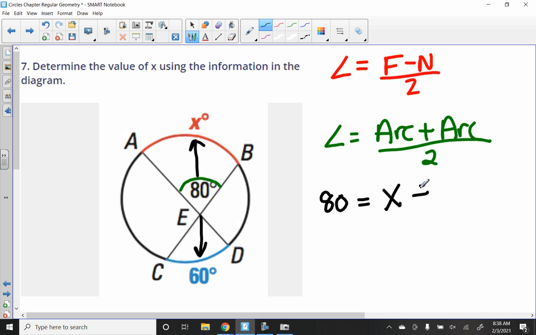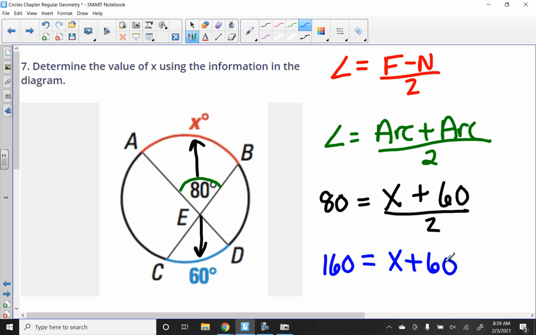There's one of my arcs. There's my other arc. And the process becomes exactly the same. We will multiply 2 to both sides first. Subtract the 60, and you will have it solved for number 7.